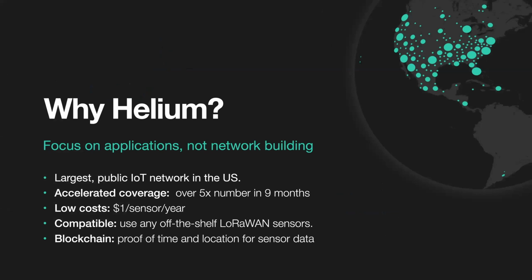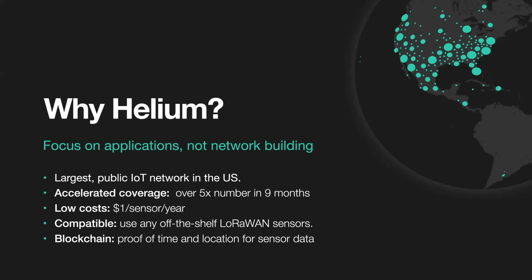So you see that really interesting, nice globe image. We have, I think last I checked, over 17,000 hotspots that have been deployed. So it took, I think, around a week to go from 16,000 to 17,000.